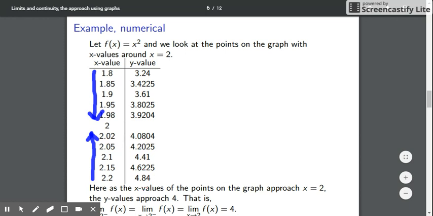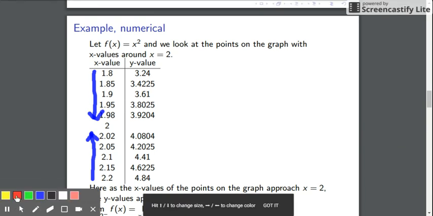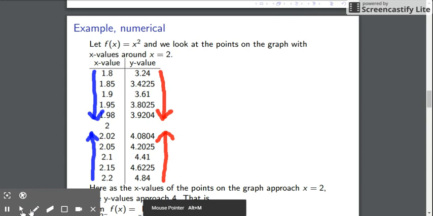As x values approach 2 from below, what is happening with the y values? What is your prediction? I say they're getting closer and closer to 4. And as we go from above and we approach x equal to 2, y values also approach y equal to 4.